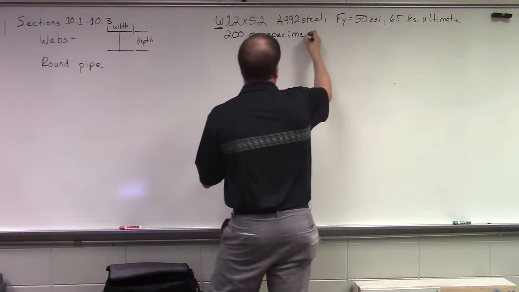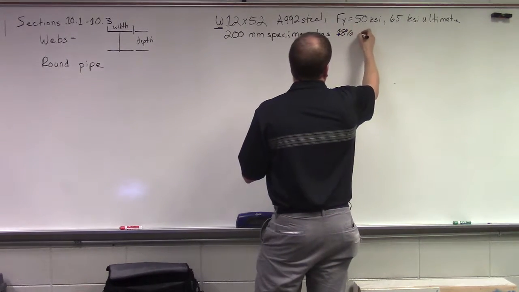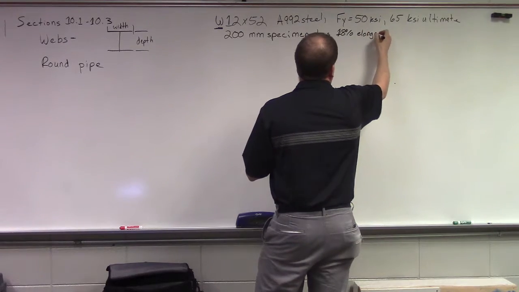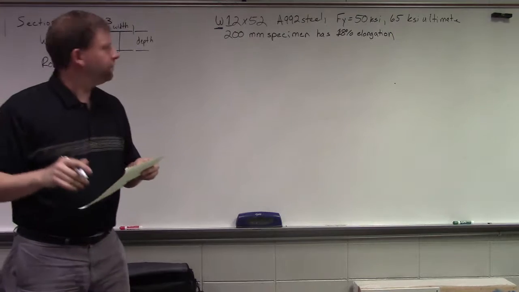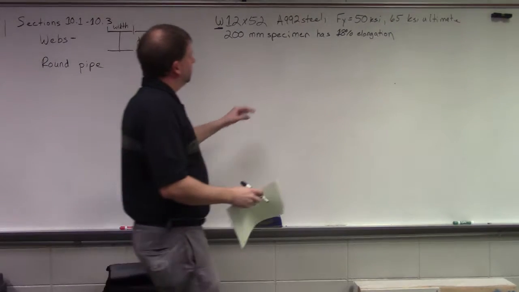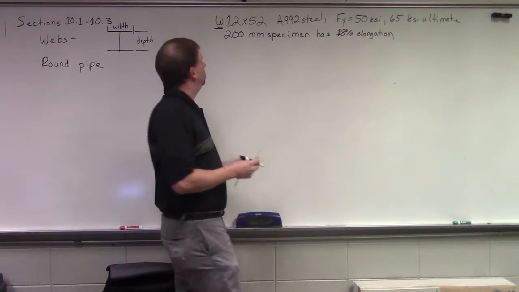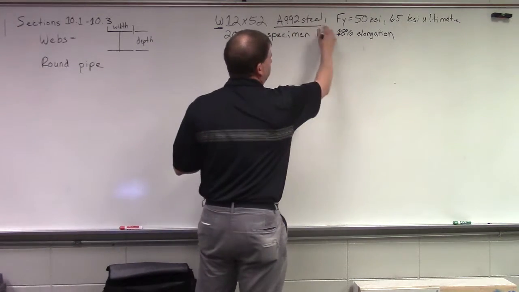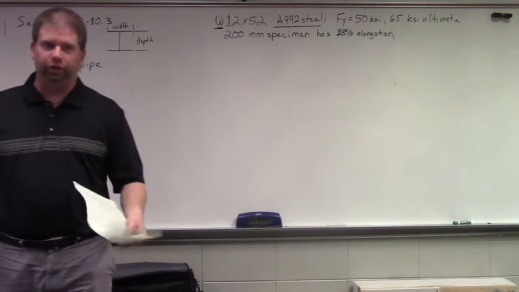A992. I include this information just so you know some of the characteristics of it. A992 steel, with a yield strength of 50 KSI, is what we're going to be using.